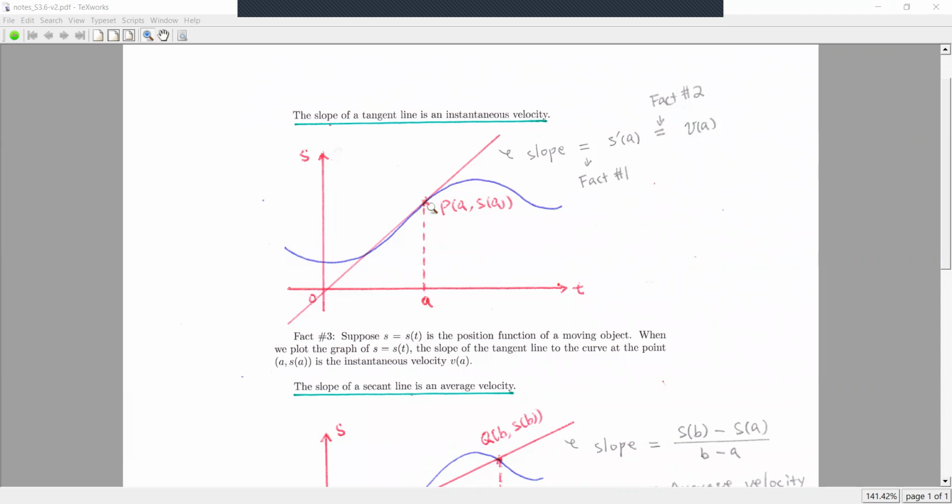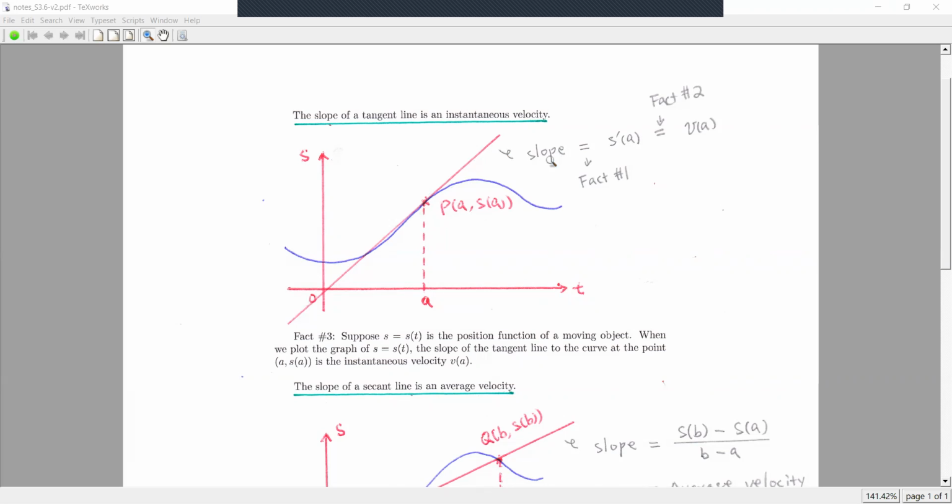On the curve, pick a point, say point P, x coordinate is A, y coordinate is function value at A. At this point, draw a tangent line.